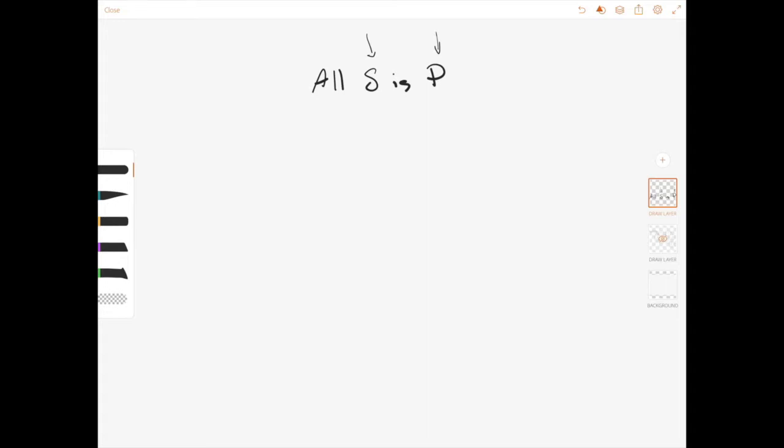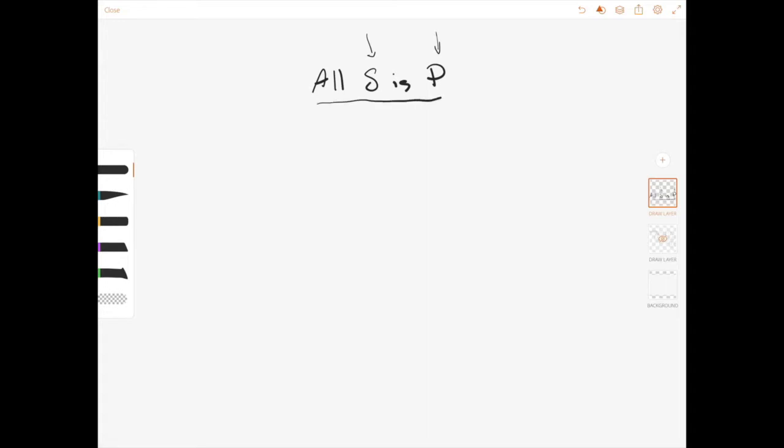Now how can we symbolize what's going on in this proposition in a way that allows us to capture that same information but is more consistent with propositional calculus? Well, here's how we do it. We think of the proposition all S is P as having two parts.